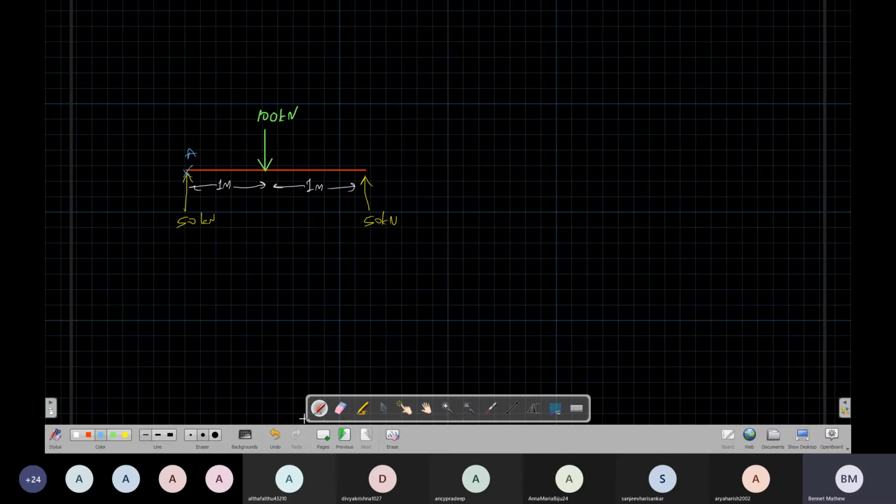Now you have to check whether the system, or this rod, this is a rigid rod, is in translational and rotational equilibrium.